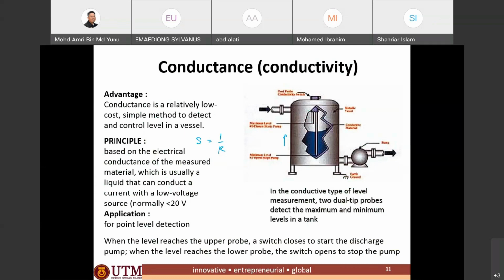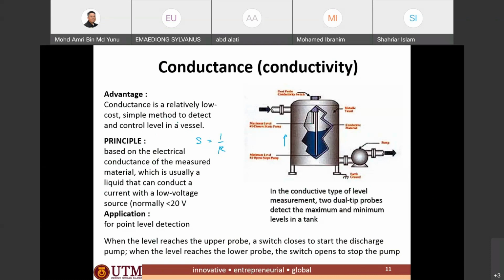One is longer than the other one. One electrode is placed from the top to the bottom part of the vessel, and then the second one, the length is until the minimum level from the top.